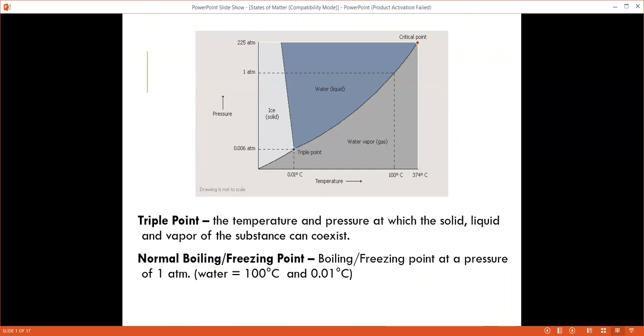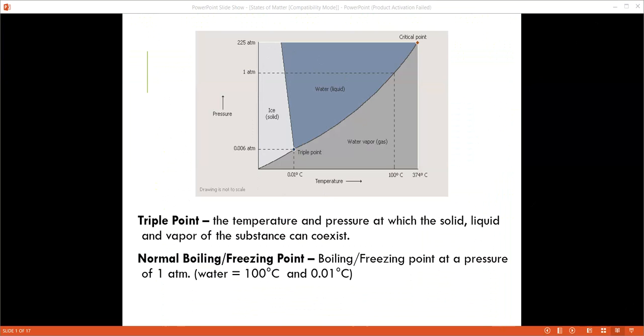Okay. The other things you can see on a phase diagram are melting point and boiling point. So melting point and boiling point are the temperatures at which a substance will go through those phase changes at 1 atm.